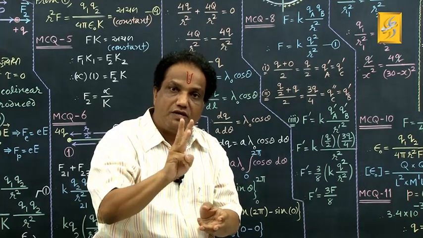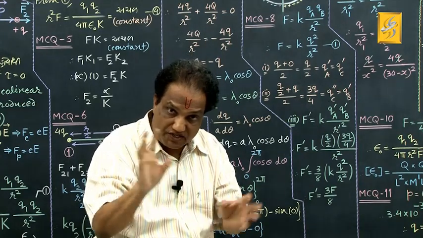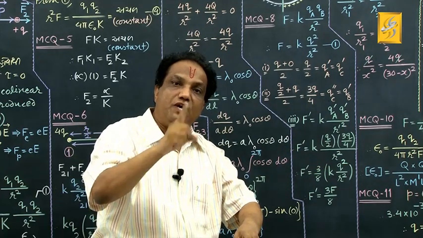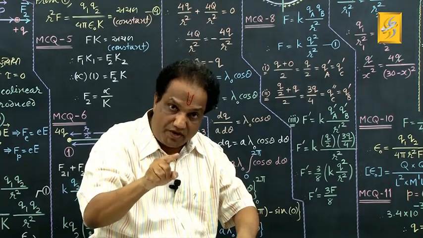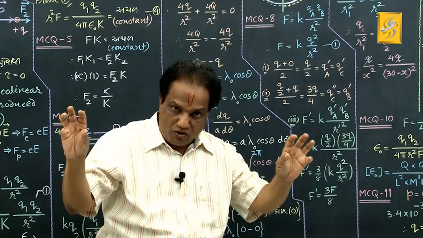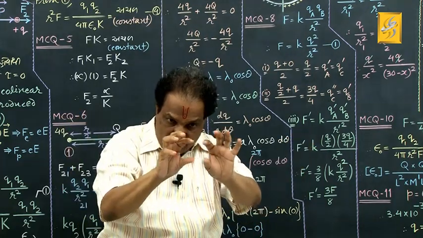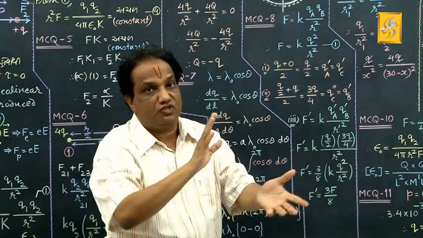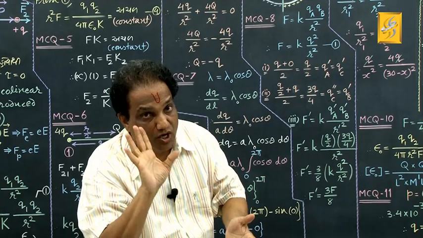If you are bringing three identical spheres in contact and then separating them, the equal charge on all the spheres would be summation divided by 3. Right now we are bringing only two spheres in contact and then separating them, so the equal charge present on both the spheres would be summation divided by 2.